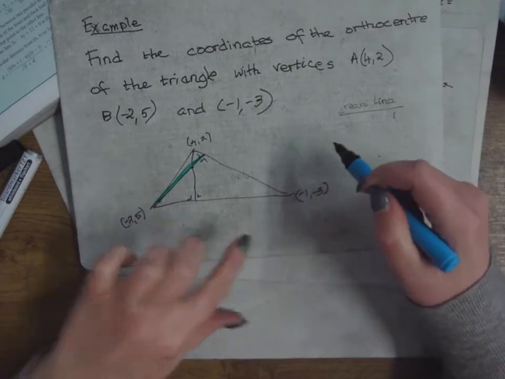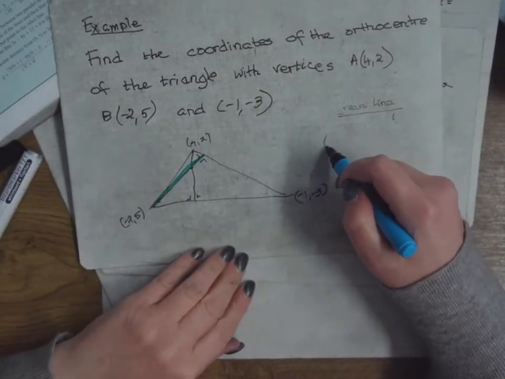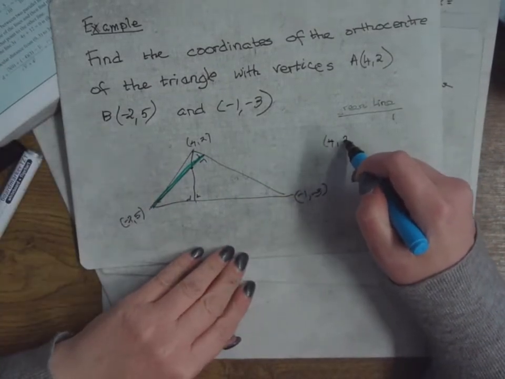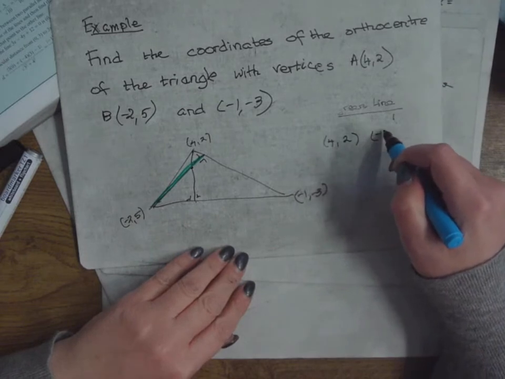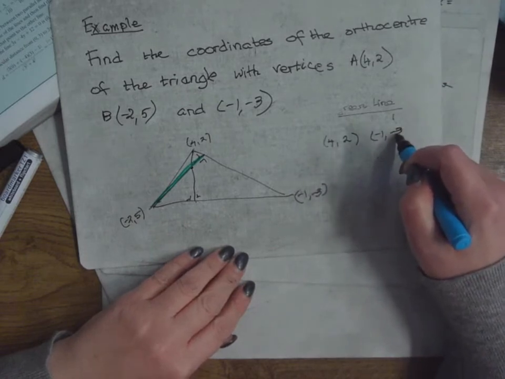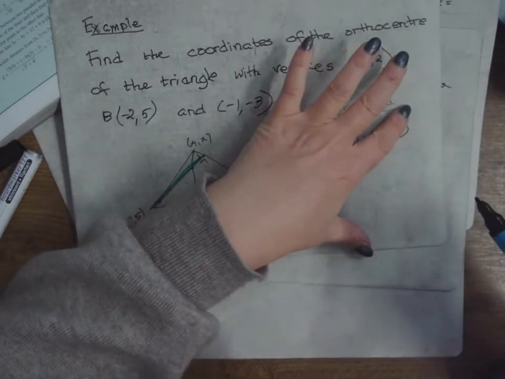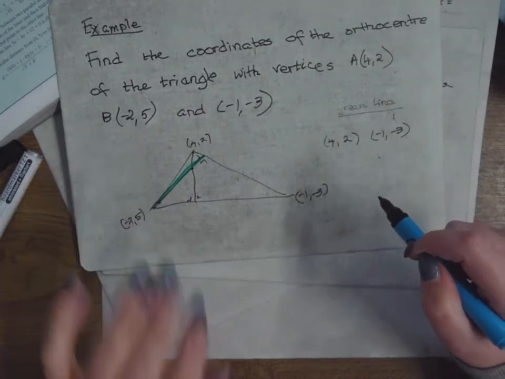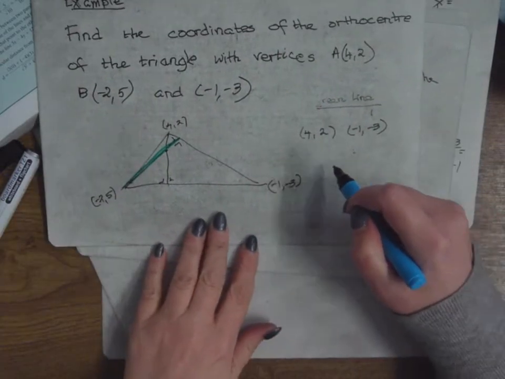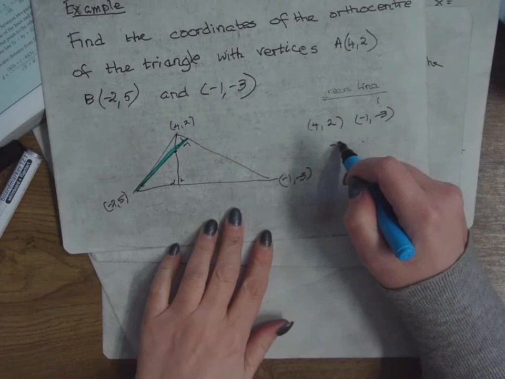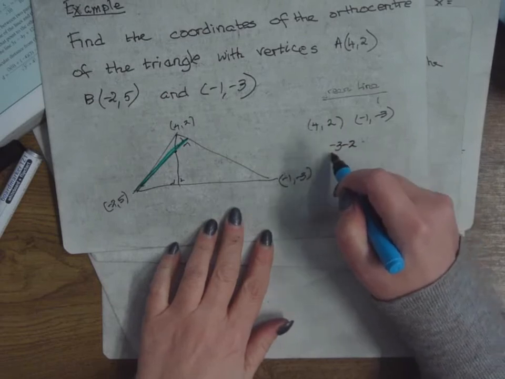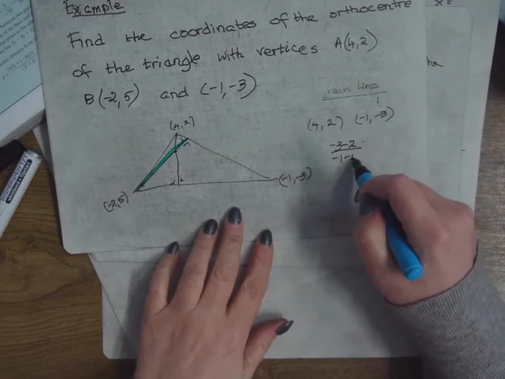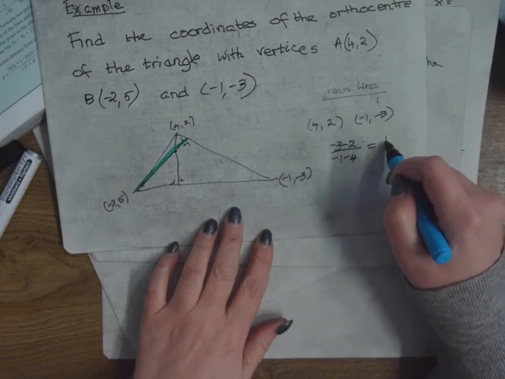So I get the slope of this line here. So I use 4, 2 and minus 1, minus 3 to get the slope. Then I turn it upside down, change the sign, I'll have the slope of the green line. So y2 minus y1 all over x2 minus x1, which is minus 5 over 5, which is plus 1.